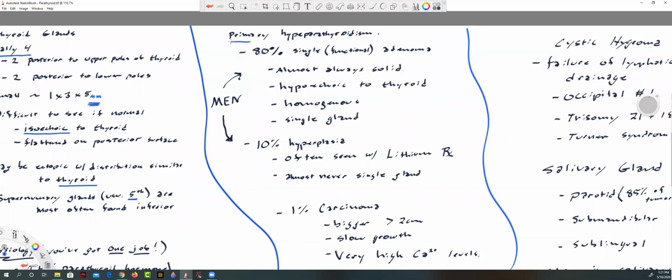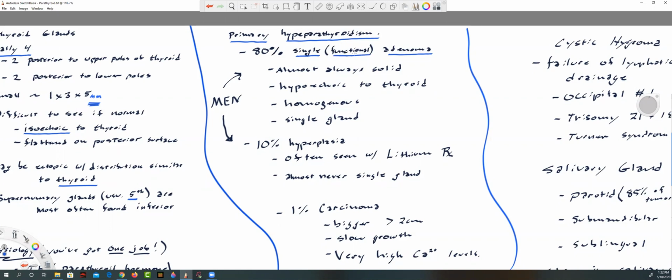So with primary hyperparathyroidism, 80% of the time you're going to find an adenoma. And it's going to be one adenoma, not 4, not 3, not even 2, one adenoma. So only one of the 4 has an adenoma. And it is a functional adenoma. That's why we have the hyperparathyroidism.